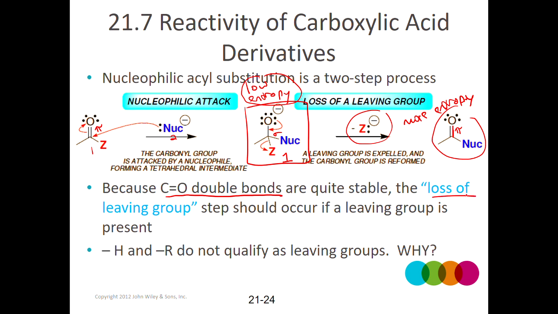So the loss of the leaving group is mainly if the leaving group is a decent leaving group and can stabilize a negative charge pretty well. That will happen mainly because of entropy as a factor when it reaches equilibrium. It won't stay in this form, even though the sigma bond is more stable, because entropy favors this form, especially when you have a pi bond that's not as unstable as many other pi bonds.